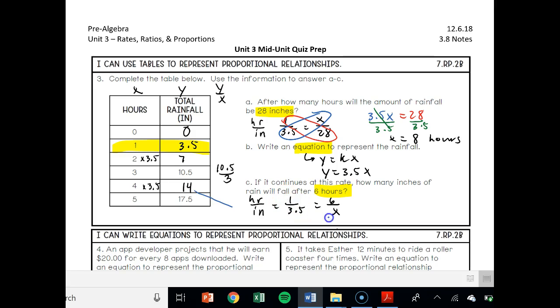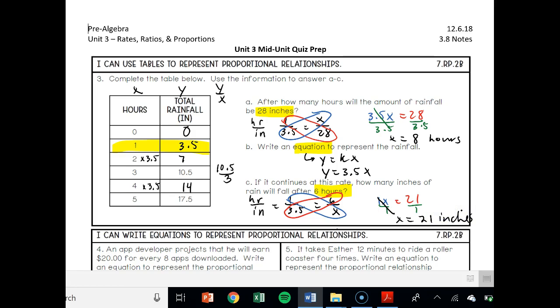So I say 1 times x, which is 1x, and 3.5 times 6, which is 21. And I finish by dividing by 1, so x is equal to 21 inches, right?